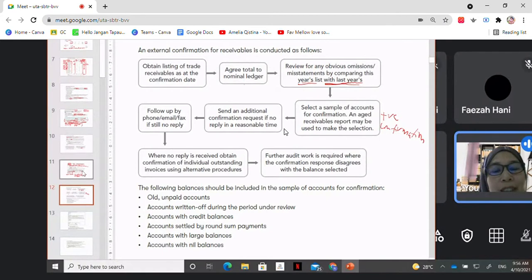So what do you understand from the positive confirmation? Fatin? Fatin dengar tak soalan saya?